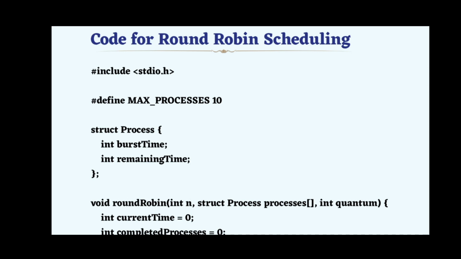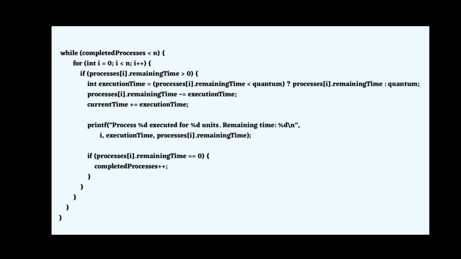In this function we define int current_time equal to 0 and completed_processes equal to 0. Now we will run a loop until all processes are completed. While completed_processes is less than n, in this while loop we run a for loop from 0 to the number of processes, n.